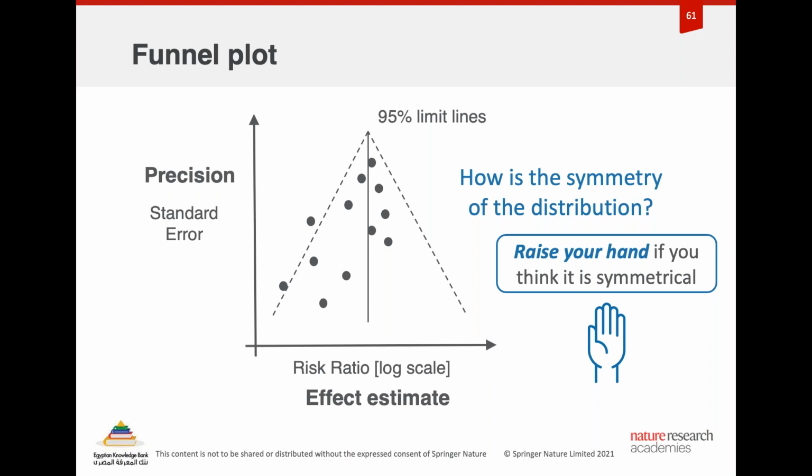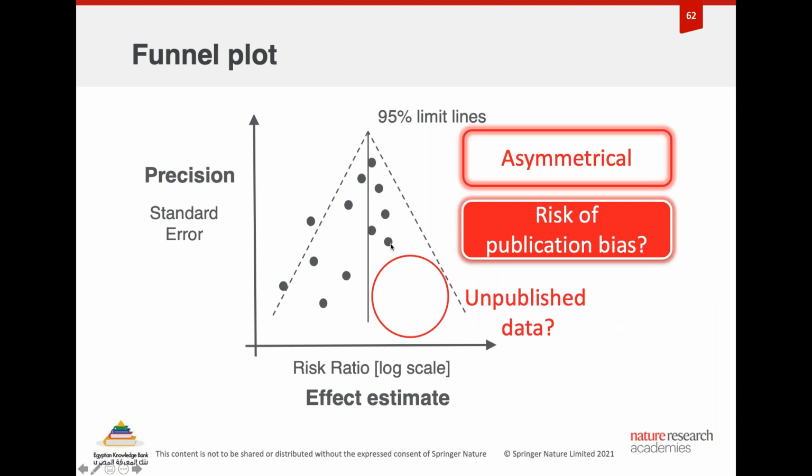Very few people, only 10% of you are raising your hand. You're exactly correct. If you look at this, you're going to see this big hole right here. Now, what does that tell us? That means these lower quality studies, smaller studies, studies with higher variance that had negative results, you didn't find.